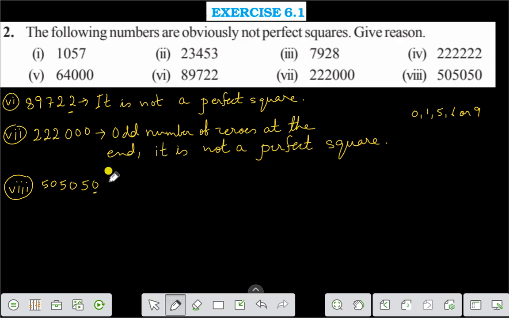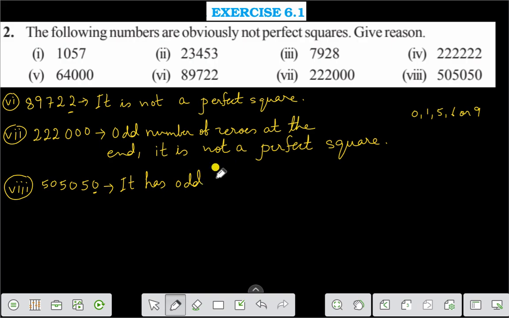So at the end it is 0. Also, at the end there should be an even number of zeros. There is only one 0.